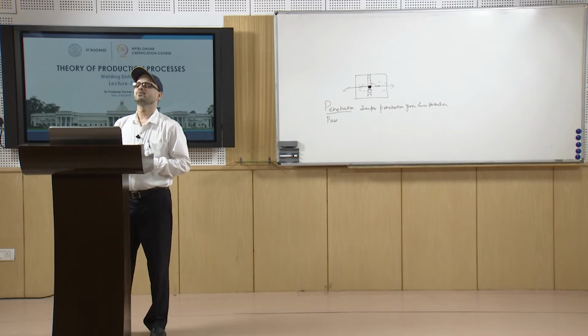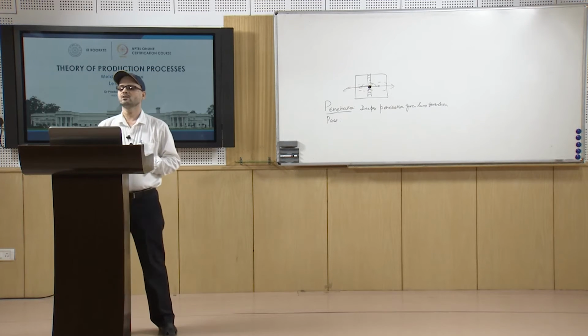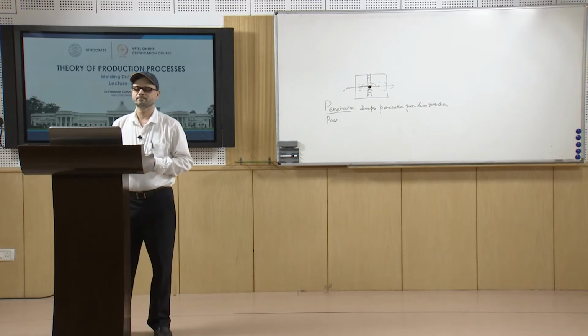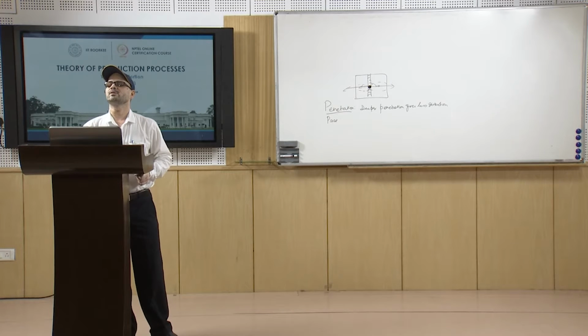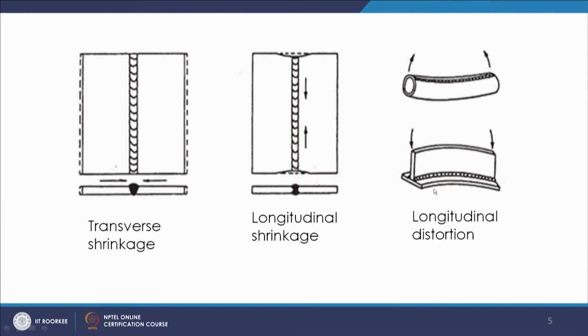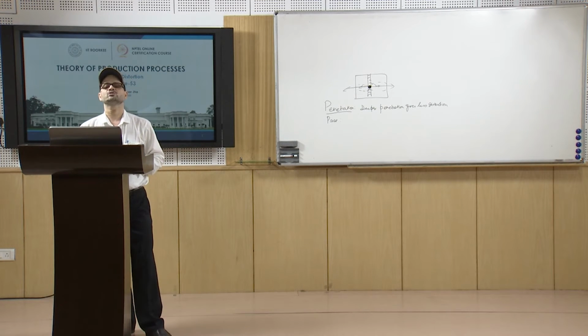Next is the longitudinal distortion. In the longitudinal distortion, as you see, this is how the material will look. This is the example of longitudinal distortion, which is nothing but bowing and bending also.